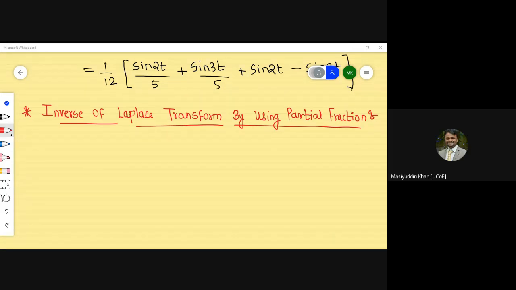Okay, fine. So hope everyone is clear about why we are using partial fractions. I'm just giving the concept of partial fractions here.